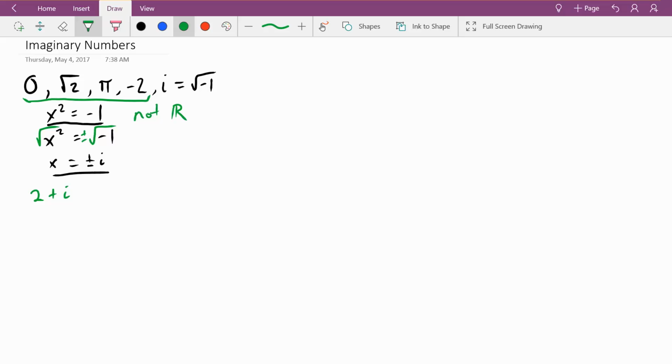If we had 2 plus i, let's say, first off, we call this a complex number because it has a real part. This 2 is real, but this i is imaginary, and therefore we call it a complex number. We cannot combine 2 plus i. It is not 2i. It is done. 2 plus i is it.